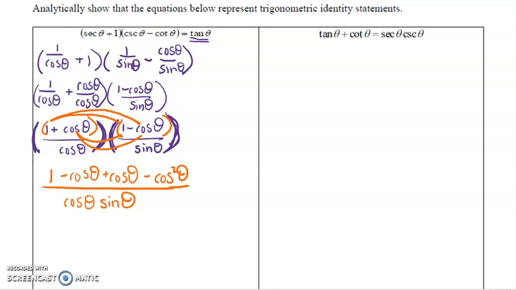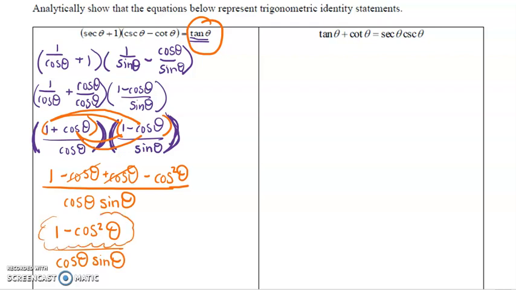So we have one gigantic fraction now, and we're praying that we can eventually simplify it to match tangent. When I look at the numerator, I notice I have two cosines. They're opposites of each other, so those cancel conveniently, and I'm left with 1 minus cosine squared up top. Hopefully we have that little light bulb going off when you see this numerator.